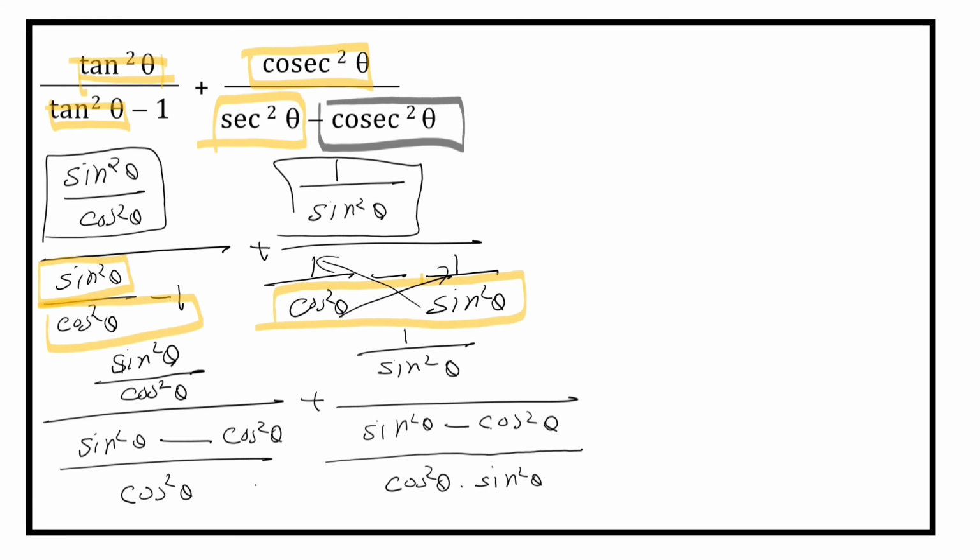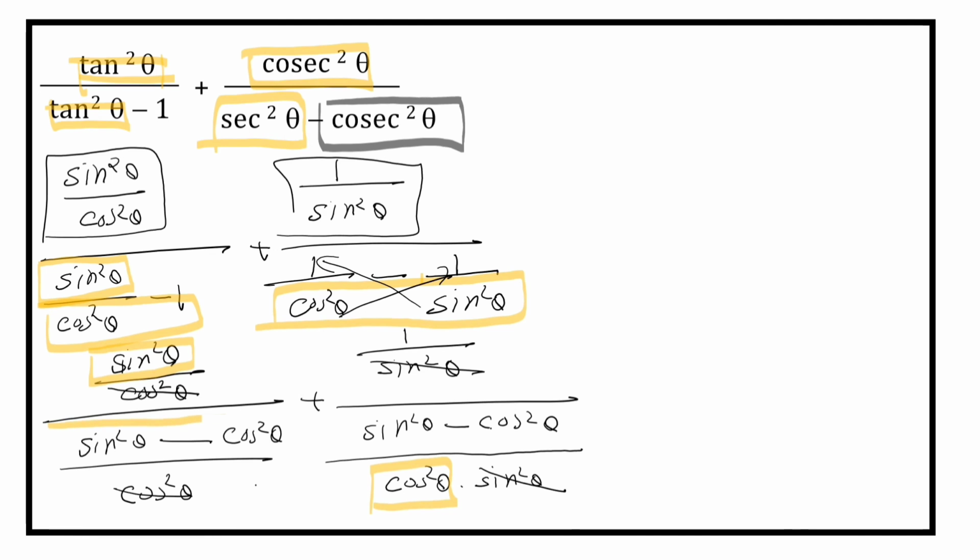Now let us simplify. This and this can get cancelled. You know why, isn't it? Sin square theta gets cancelled. So in the next step, it is a very important step. I'll mark the things to be written here. Sin square theta plus this cos square theta goes up.